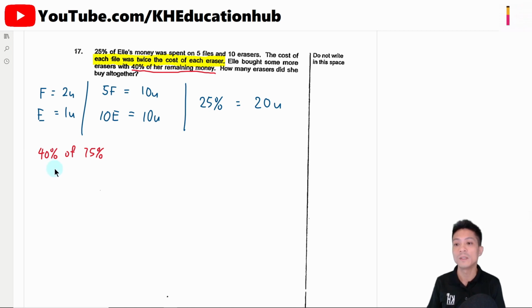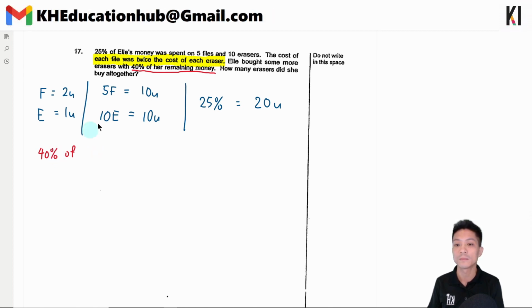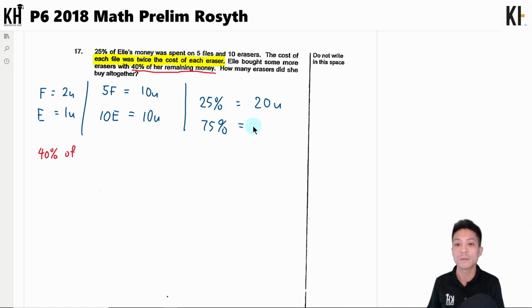Instead of doing it this way, maybe I will do it in another way. I'm gonna calculate 75% is how many units first. You can divide by 25 times 75, or you can times 3. This will be 60 units.